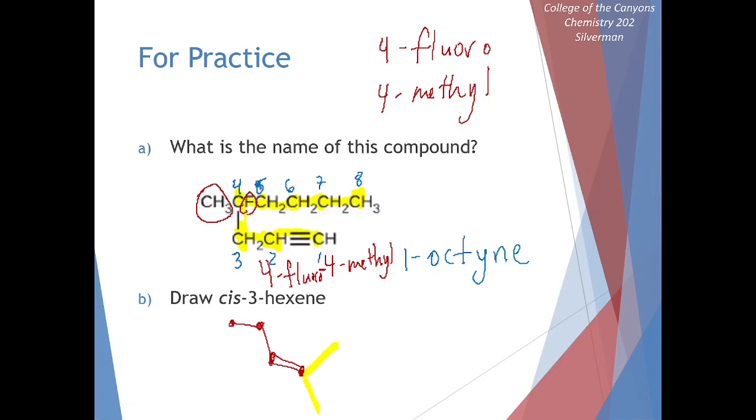For the cis version, we need to do this option, have our groups close to each other. And they're not drawn in, but we do have some hydrogens here on all of these carbon atoms, completing those octets. Cis-3-hexene.